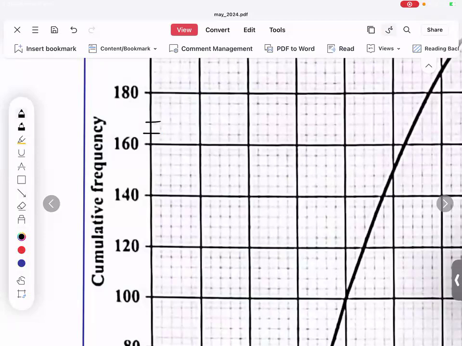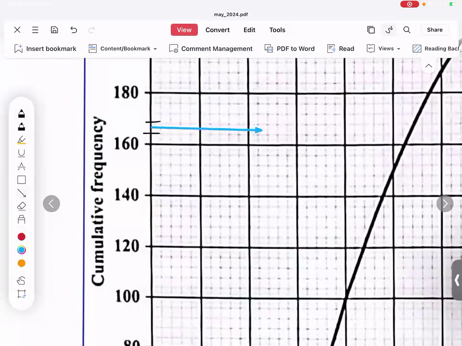So where would we find 165? All right, 165, that's what they call an estimate, you know. So we know this is a 164 and that's a 168. And between 164 and 168 is 166. So it's kind of somewhere right here. You have to just imagine somewhere right between here.